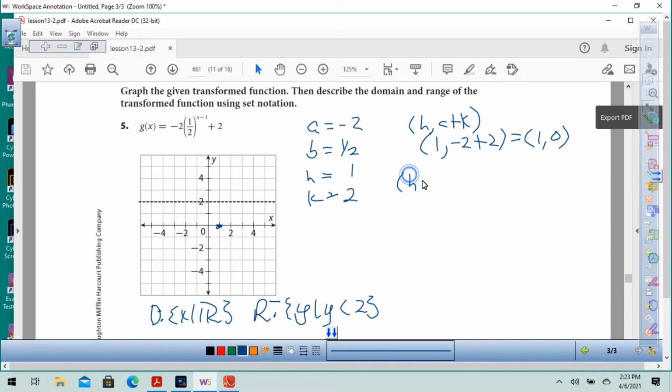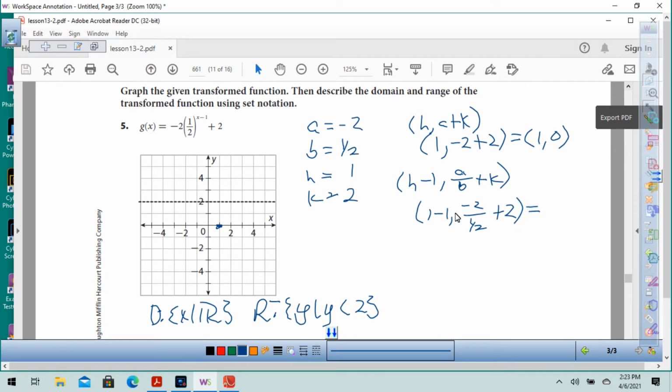Our second reference point is H minus 1, and then A over B plus K. That's going to give us 1 minus 1, and then A, that's negative 2, divided by B, which is 1/2, and then plus 2.